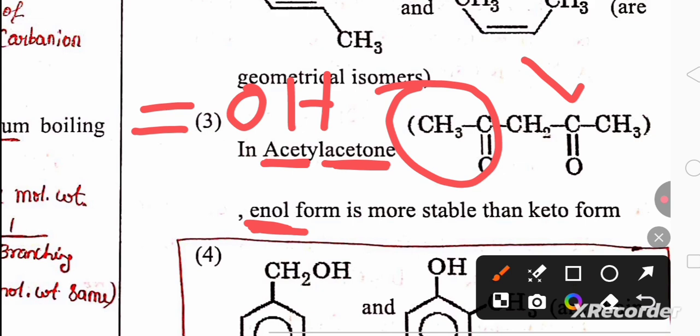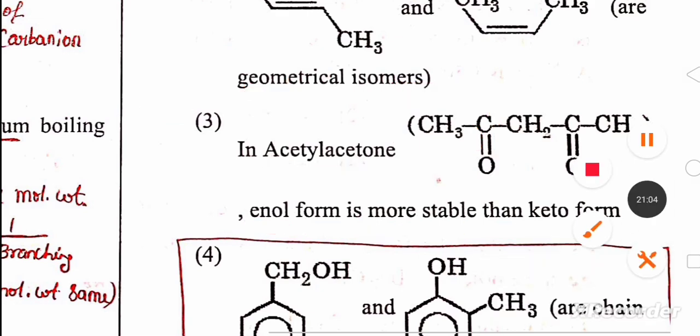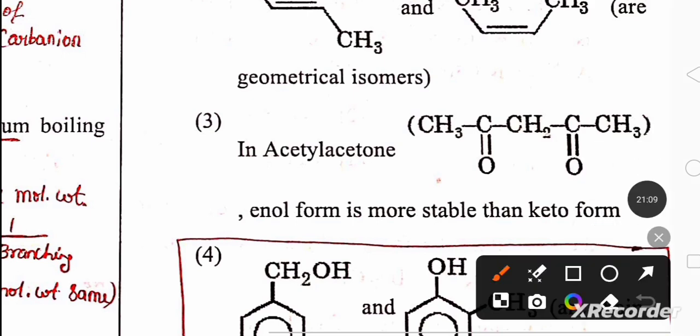When the hydrogen atom shifts here and the double bond shifts here, there is a generation of enol, double bond and OH group, and it is more stable compared to the keto form. When there is a shift of this hydrogen to this oxygen and a double bond between these 2 carbon atoms, that is called enol. This part is called enol, and enol is more stable than keto form.